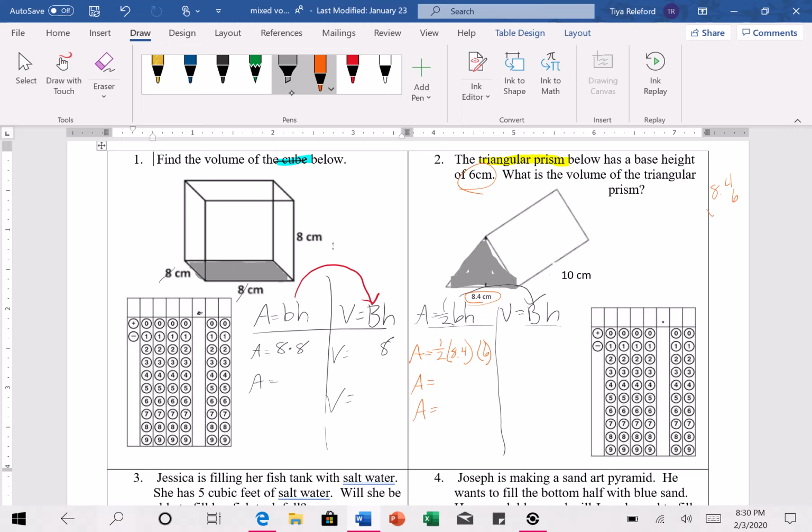0.4 times 1/2 times 50.4. Multiplying by 1/2 is the same as dividing by 2.